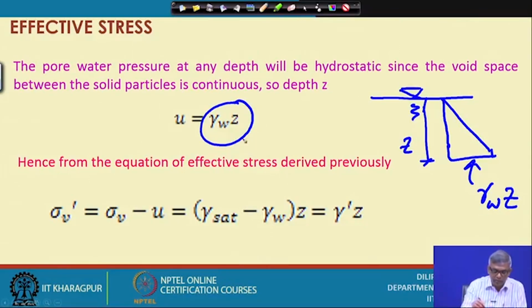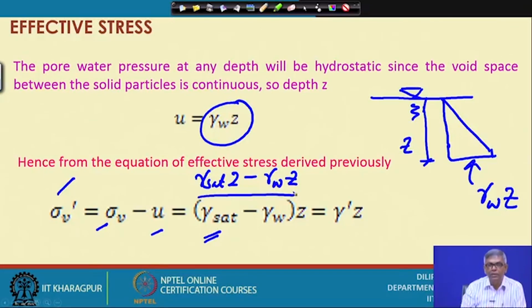Now, by definition, sigma dash equals sigma minus u, which becomes gamma sat into z minus gamma w into z.